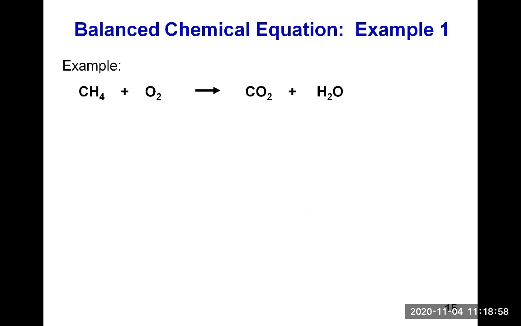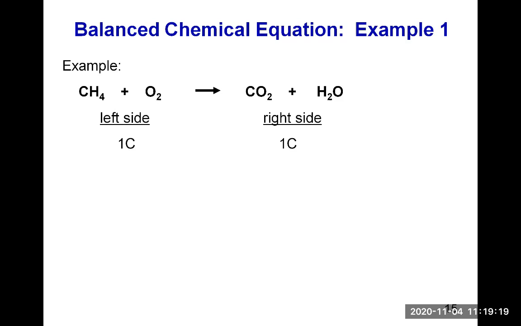Let's go through an example. We have CH4 plus O2 gives CO2 plus H2O. Let's count the number of atoms of each kind on both sides. So on the left side we have 1 carbon, on the right side 1 carbon in CO2.